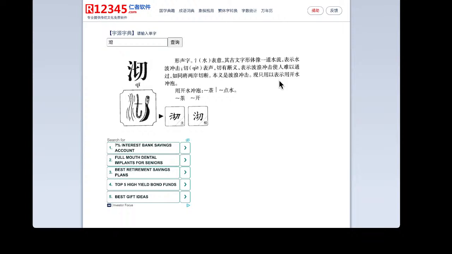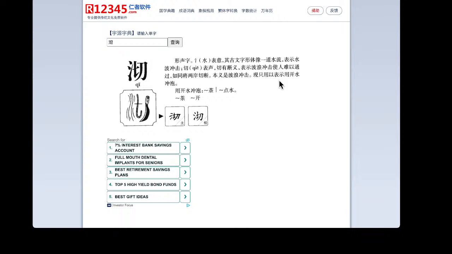Now, when you put it with the water radical, the original meaning is to use water to cut it off.